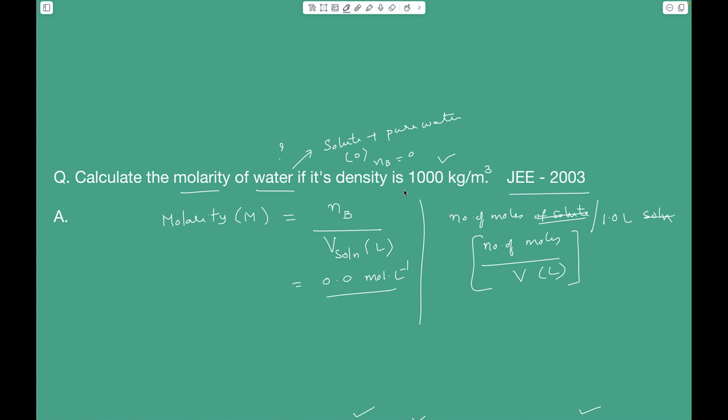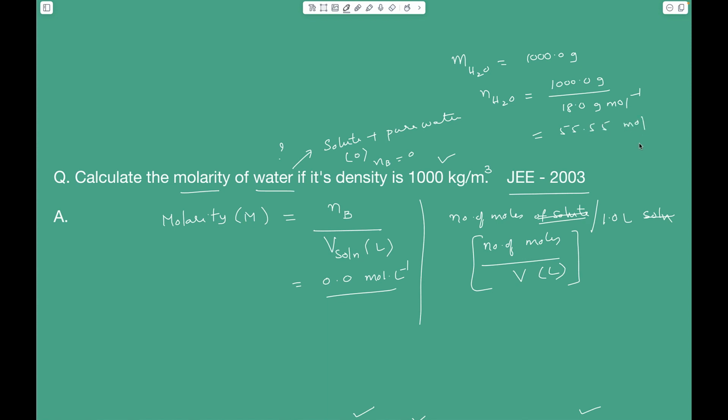And say because we are given the density of water, we can calculate the mass of 1 liter of water, that will be 1000 grams, and the molar mass of water is approximately 18 gram per mole. So the number of moles of water is the mass of 1 liter of water over 18 gram per mole, and I think upon simplification you will get this value as 55.55 or something.